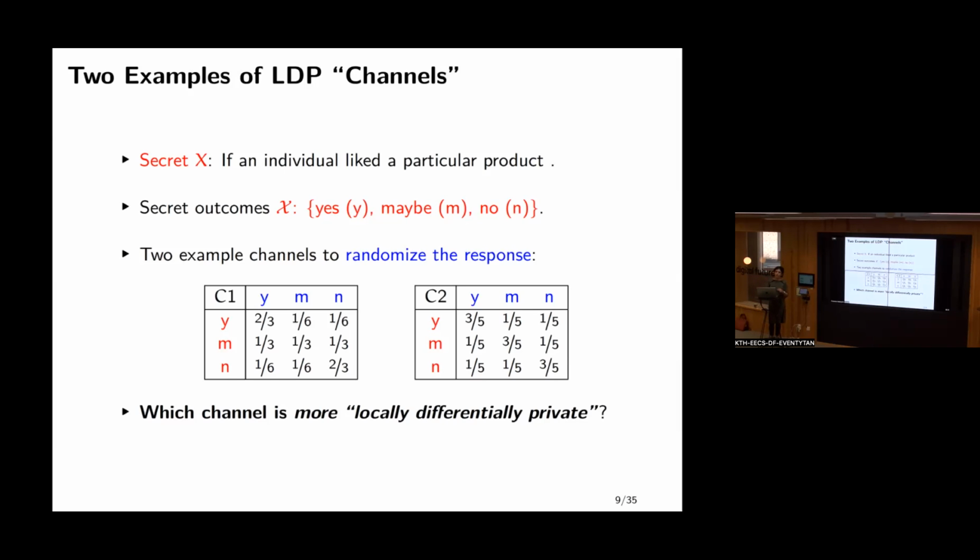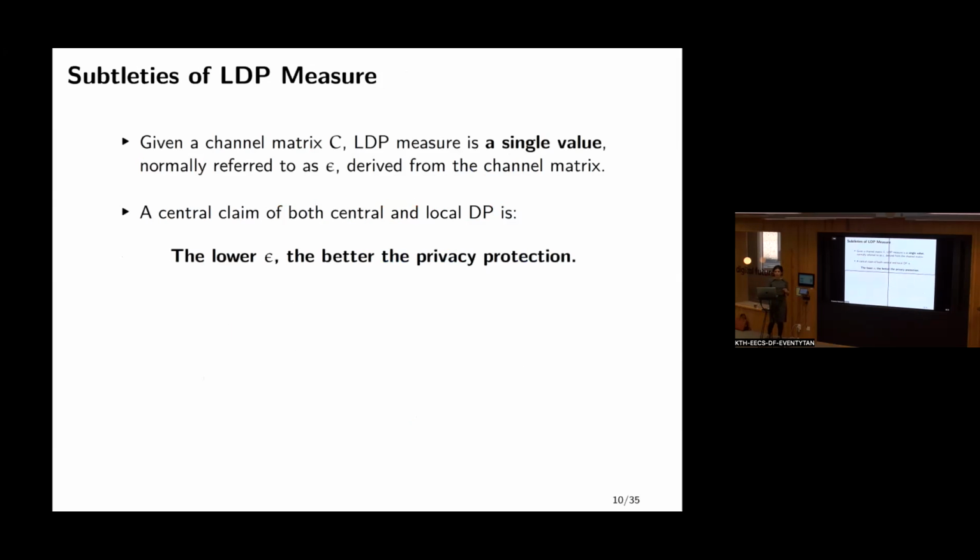So let's talk a little bit about what the literature says. In the literature, there is a single value associated with each of these two channels, and this value is usually represented by a parameter called epsilon. A central claim in both central and local differential privacy is that the lower the epsilon, the better the privacy.